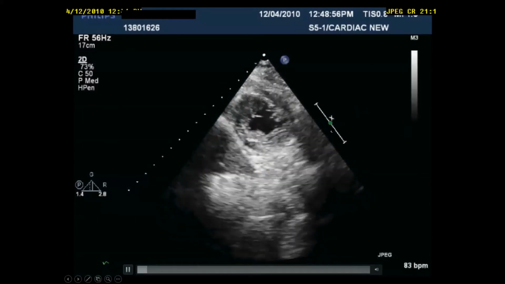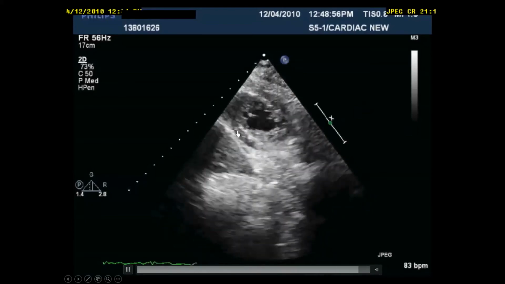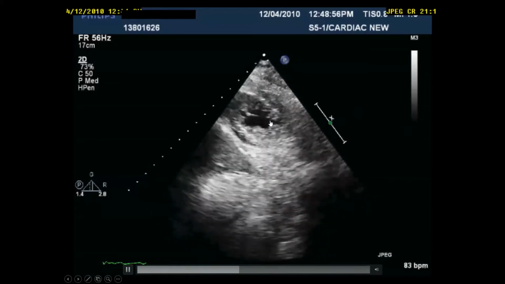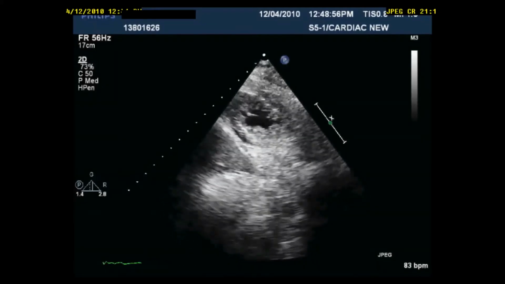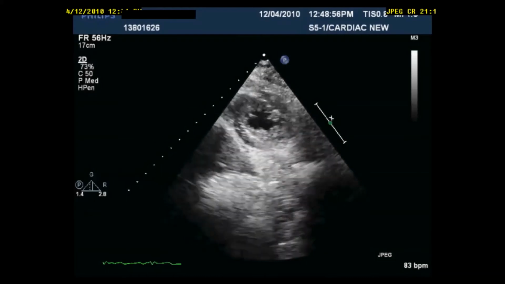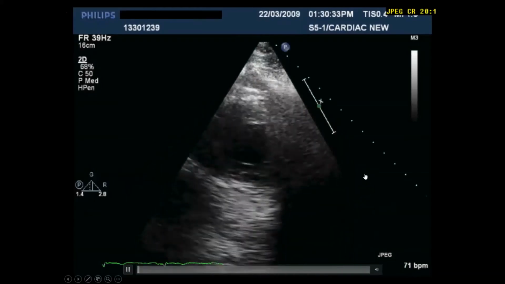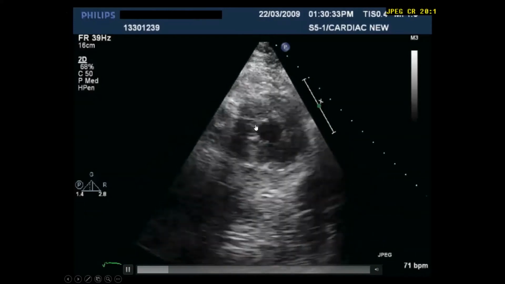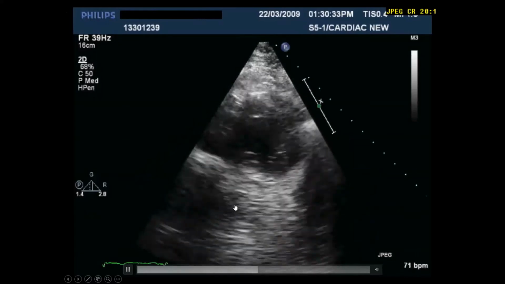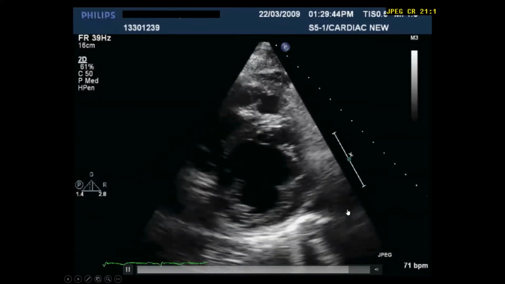So this is all hypokinetic. There is still thickening, but it is not as strong as normal. So this is hypokinetic apex. Now compare it to this one, which is a normally contracting apex. Okay, what do we see here?